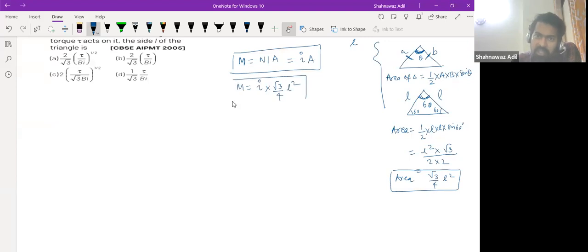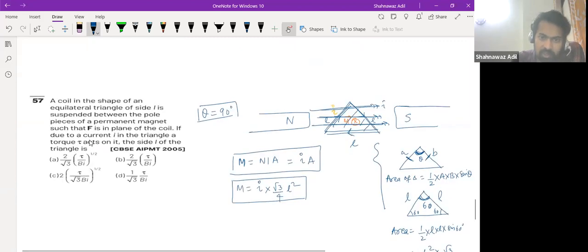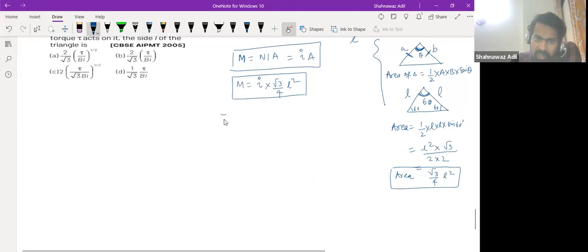And we know that torque tau is mB sine theta. We know that theta is 90, so sine is 1, and it is mB.